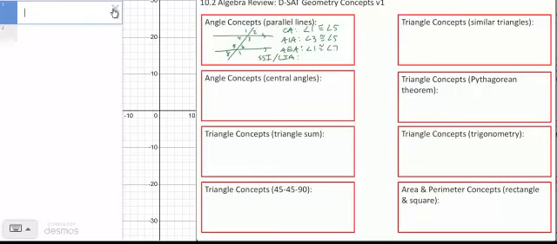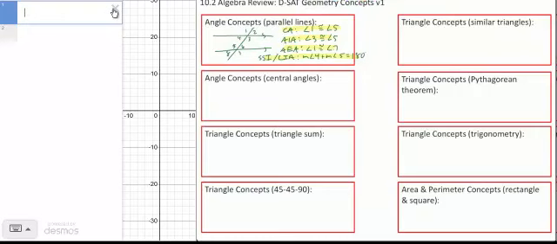SSI or CIA means the same thing, and that would be a case where you're looking at angle 4 and angle 5. The relationship for the consecutive interior angles or same side interior angles is that they are supplementary, so they add up to 180. And so these would be the concepts reviewed for parallel lines and angles.